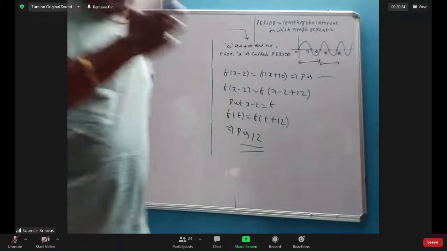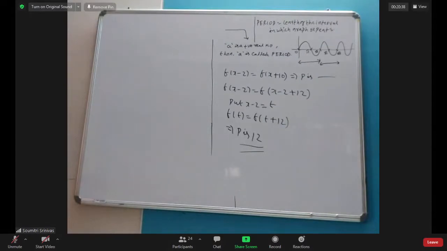This all theory we have done once, so please concentrate. What's on the board? Chalo.